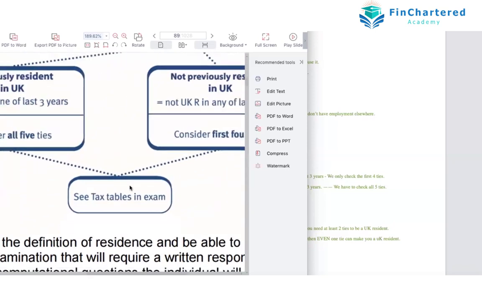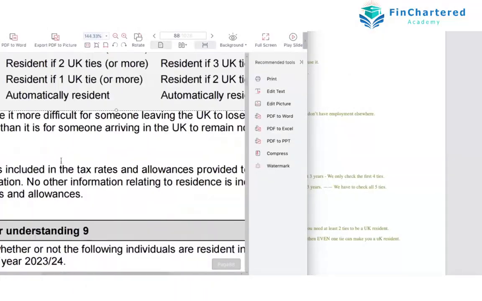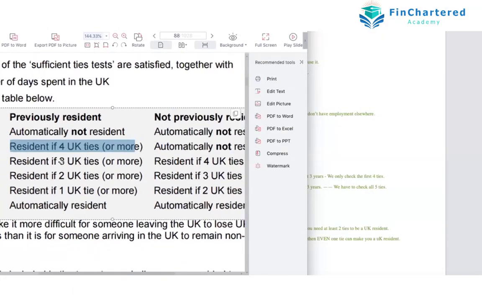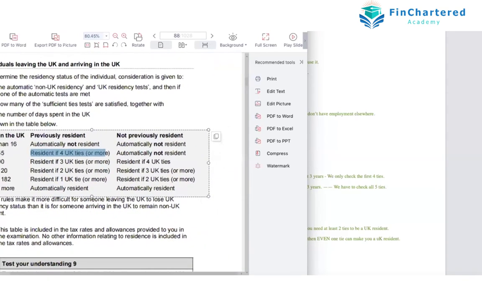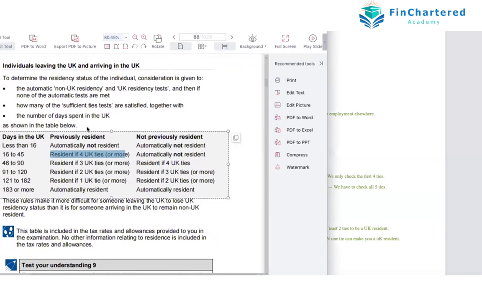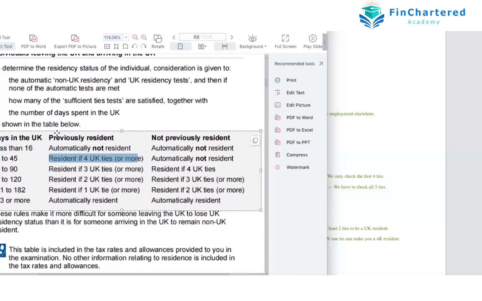See tax tables in exam. Basically this one. Again, I'll not tell you what is there in the exam. I just want you to be comfortable with these things. But this is the table which I am referring to at least right now.